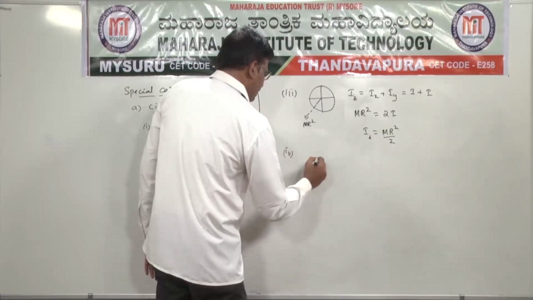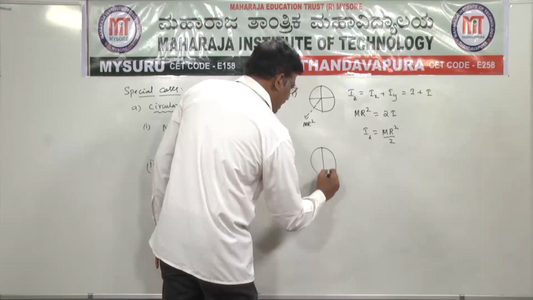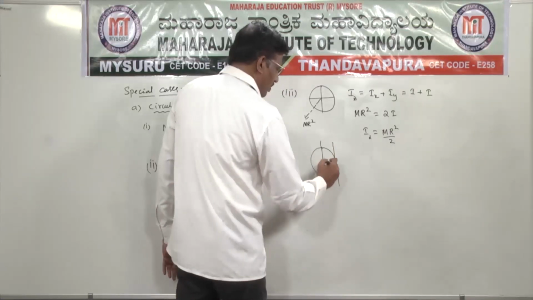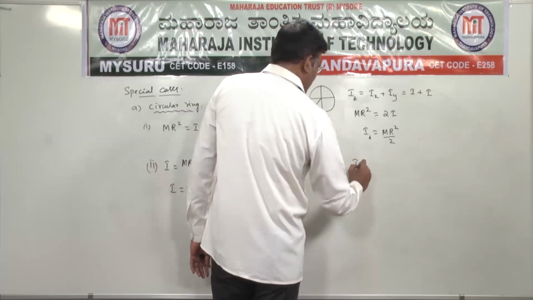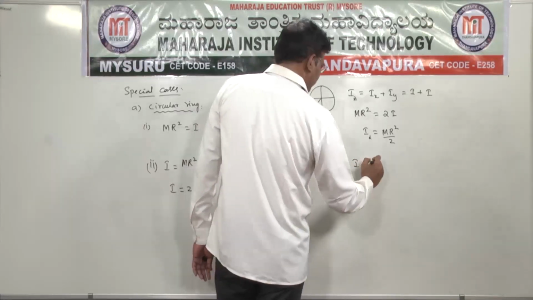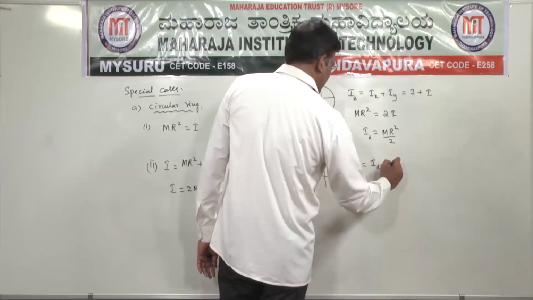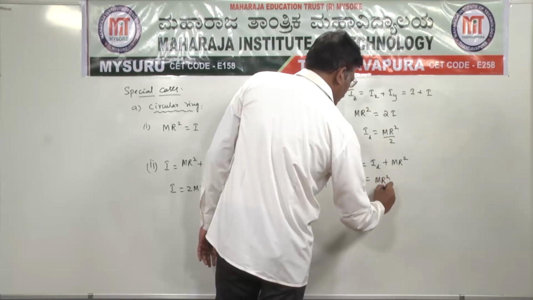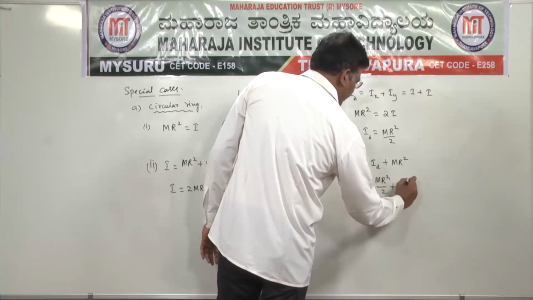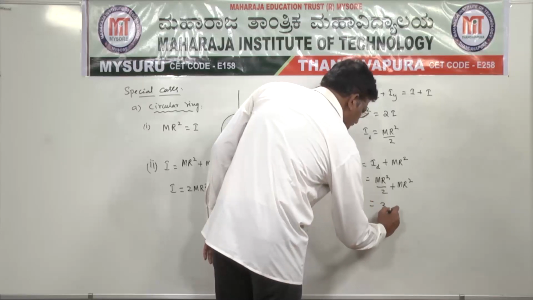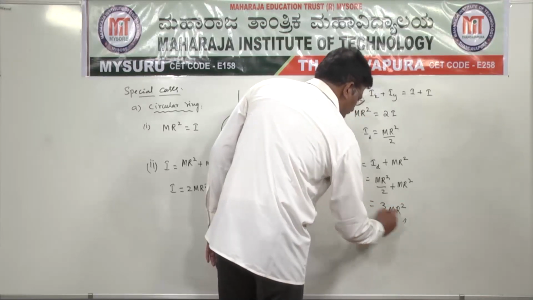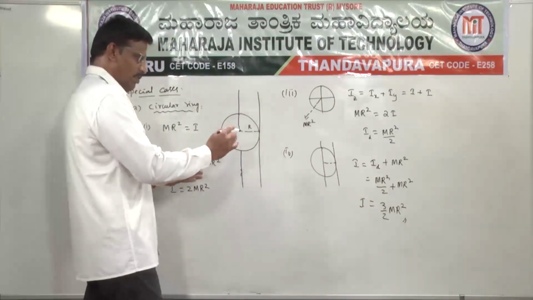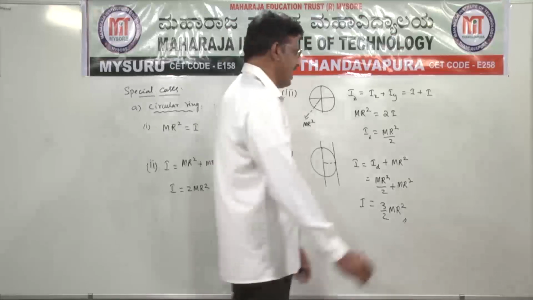And about a tangent parallel to the diameter, I is equal to, by the parallel axis theorem, Id plus m r square. So Id is m r square by 2 plus m r square, which is equal to 3 by 2 m r square. This is the moment of inertia of a circular ring about any tangent which is parallel to a diameter.